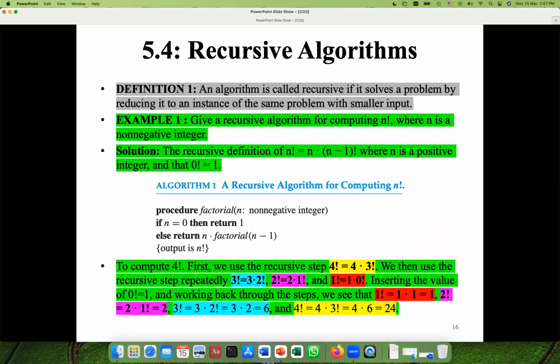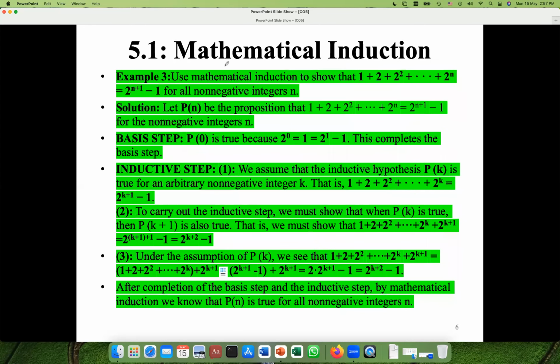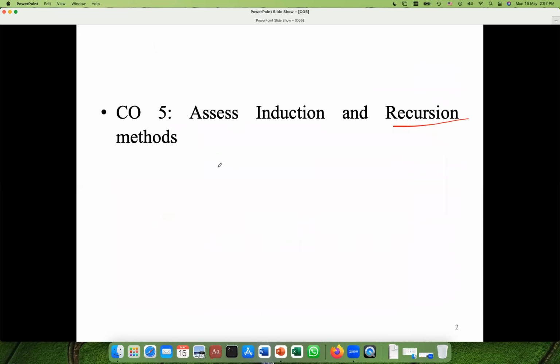Now this is the actual topic. This is actual section 5.4, which is about recursive methods according to your book. This is recursion methods, and the closest word for methods is algorithm.